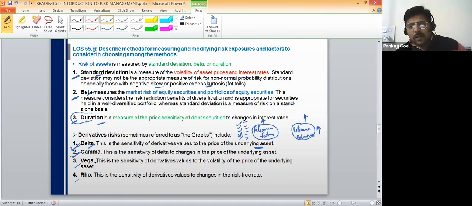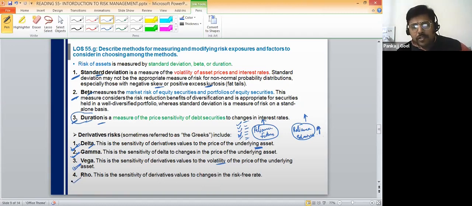Now Vega. This is the sensitivity of derivative values to volatility. So if volatility is high, what is the impact on the derivative values? If volatility is low, then what is the impact on the derivative prices? So that is Vega.